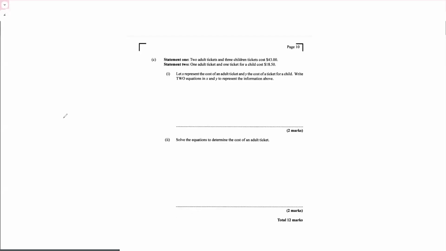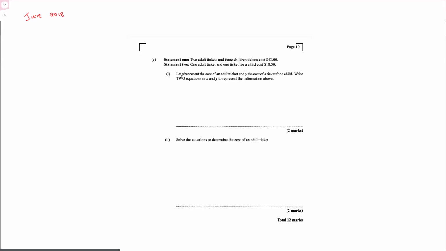All right, so this one is taken from the June 2018. It says statement 1. 2 adult tickets and 3 children tickets cost $43. Statement 2. 1 adult ticket and 1 child ticket cost $18.50.